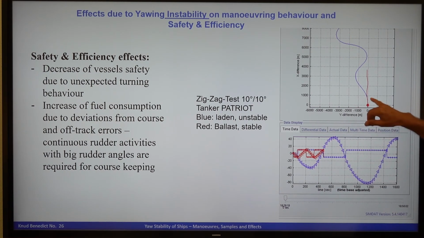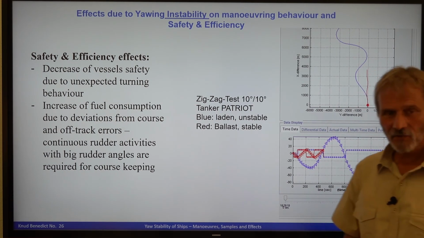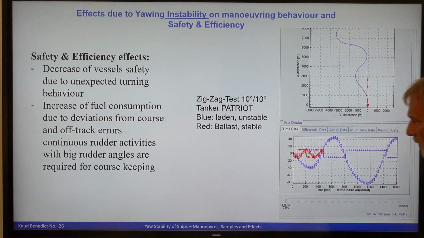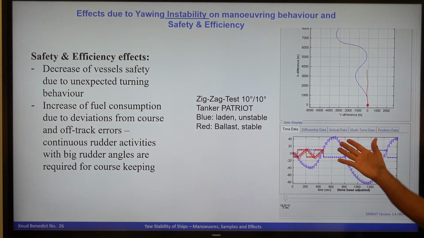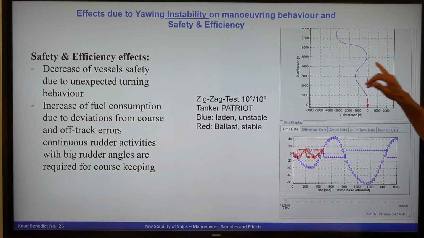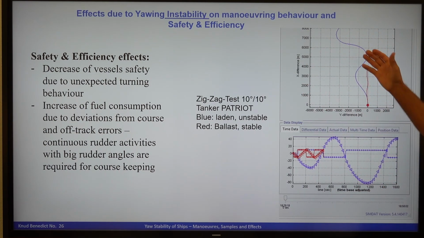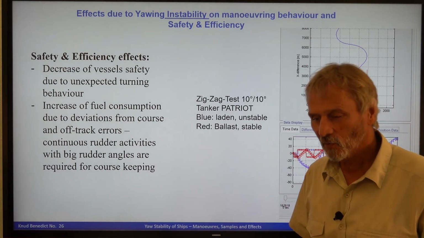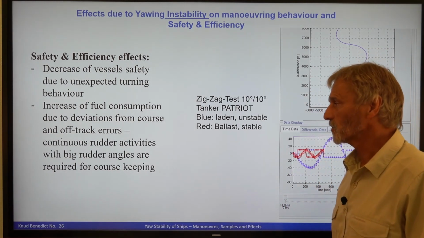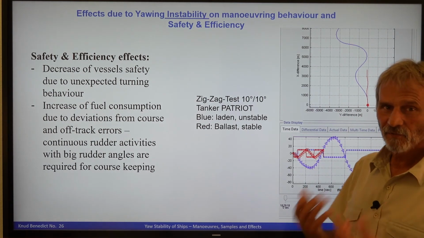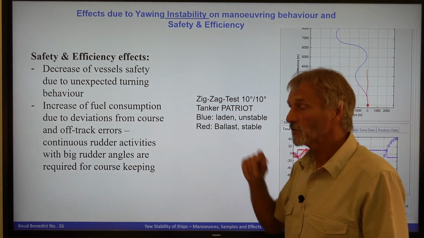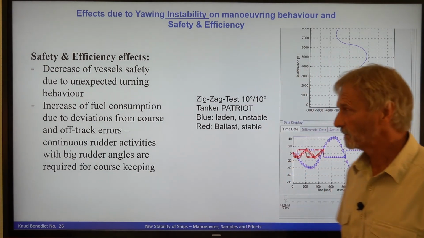And you see here, the red one is for the ballast condition, the tanker in ballast condition. With these 10 degree rudder angles from one side to the other, the ship goes nearly straight. The track offset is not that big. But for the unstable vessel, with the same rudder activities, you get such a big swing, overswing angles of about 60 degrees, so it's hard to keep that ship along a certain track for course keeping. And so you also get higher fuel consumption.